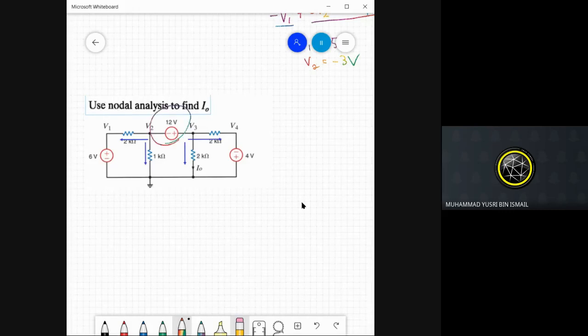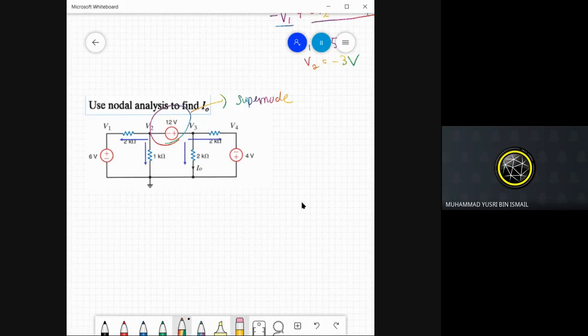Okay, in comparison with the mesh analysis, if you have a current source in between two loops, then you will have a super mesh. On the other side, if you have a voltage in between two nodes, then this will be a super node.